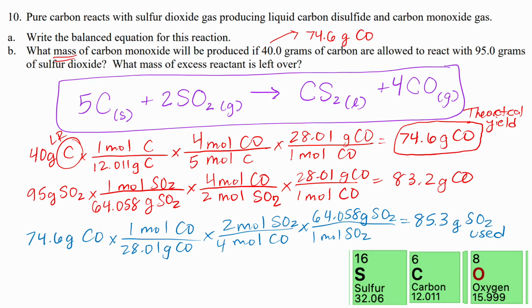So remember, from the original equation, we started out with 95 grams of SO2. We used up 85.3 grams of SO2, which means in our calculator, if we take 95 minus 85.3, we have 9.7 grams of SO2 remaining.